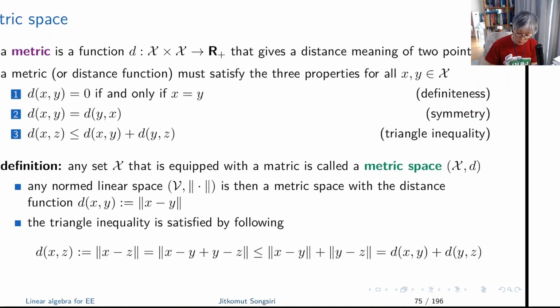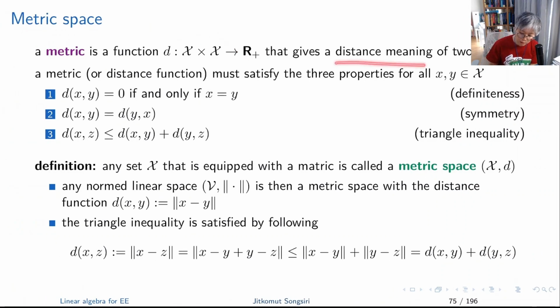It is used as the distance between 2 points. In order for a function to be a metric, it must satisfy three properties. First of all, definiteness. If you measure the distance between 2 points and the distance is 0, that's only possible if the 2 points are the same.